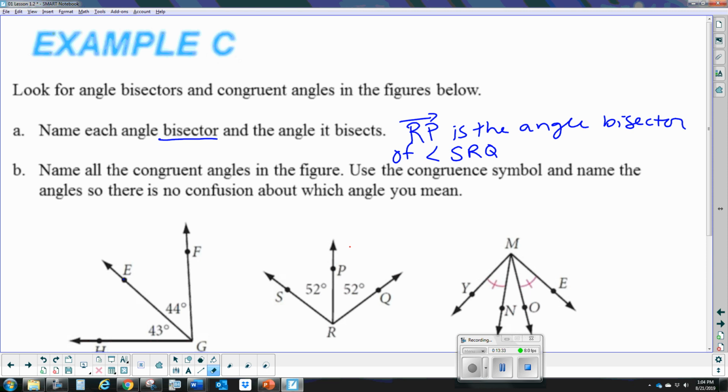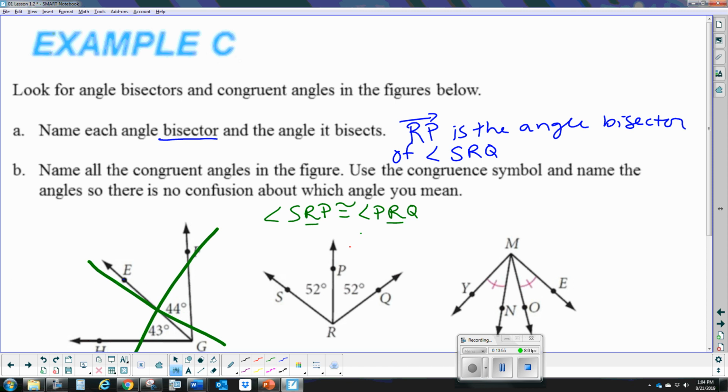So name all congruent angles in the figure. In this figure, there are no congruent angles. In the second figure, we have angle SRP is congruent to angle PRQ. And again, you can label them in reverse order as long as R is in the center.